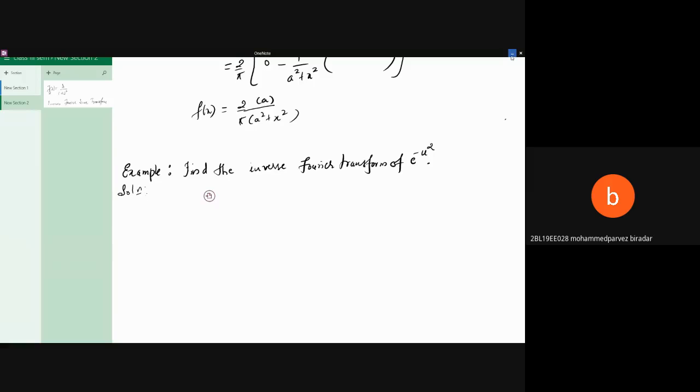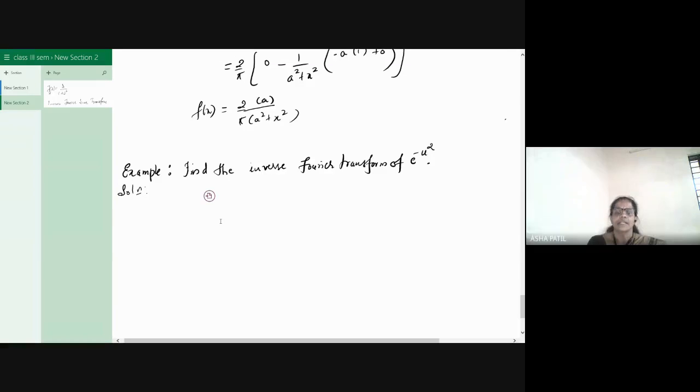Inverse Fourier transform. Yes, inverse. See, it is just the inverse Fourier transform. No sine, no cosine. Okay. It is just applying the inverse Fourier transform.